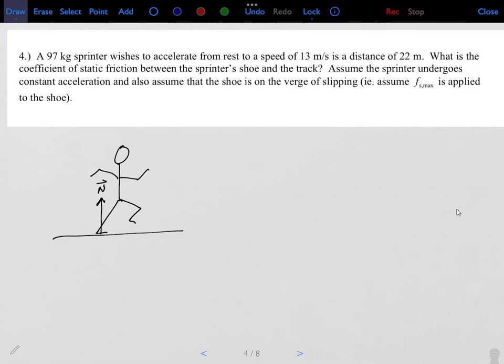There's a frictional force acting forward, and remember, we're assuming this is Fs max. And the weight, right? At the center of mass, the weight of the sprinter is acting down, and that, of course, is equal to mg. I'm going to assume the typical standard coordinate system where x is to the right and y is vertically upward.